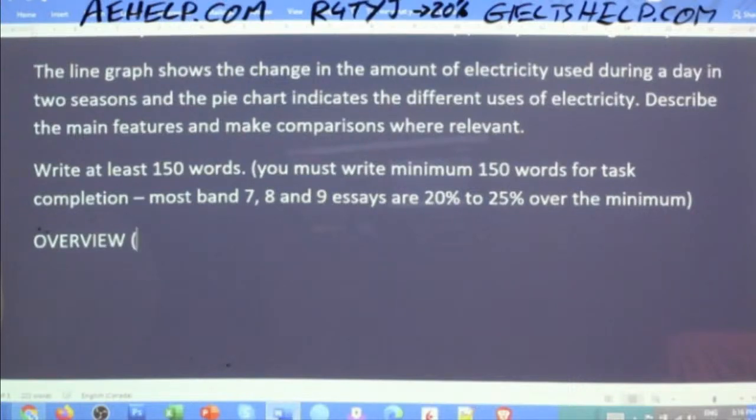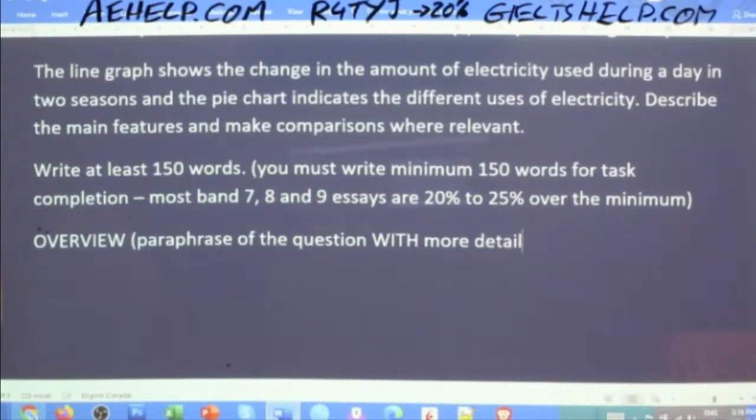The overview is a paraphrase of the question with more detail. And then the second part, it's 2 parts, plus the most observable features.